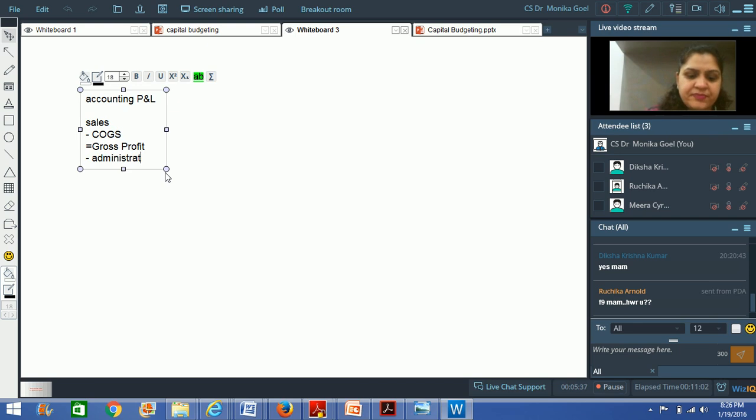You reduce the administrative expenses, you reduce the selling expenses, you reduce the general expenses, and you reduce the financial expenses. And what do you get? You get the net profit, or profit before tax.